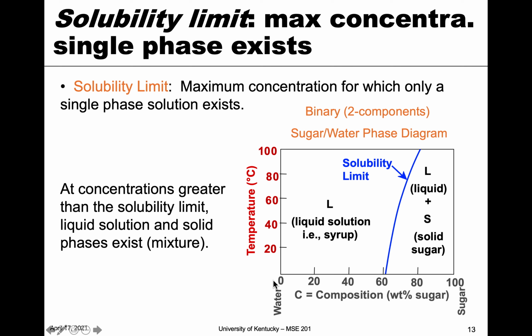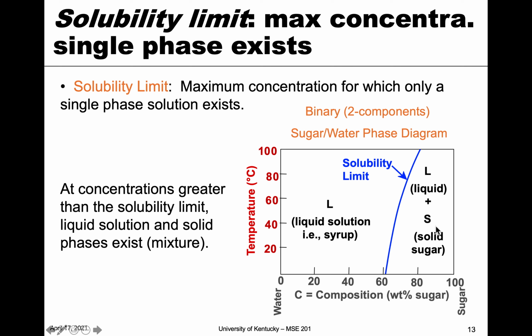Here we're looking at composition on the x-axis and temperature on the y-axis. What we see is that here on the left, we have a liquid solution. Basically that's sugar water, right? Then above a certain point, which is this blue line, we have a liquid solution of water and sugar, but we also have solid sugar.